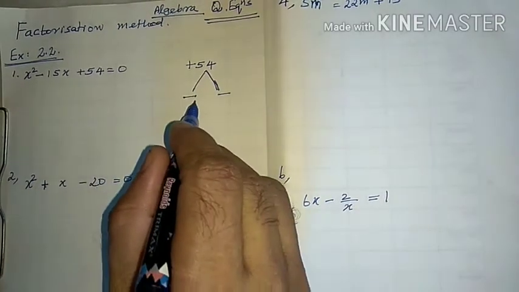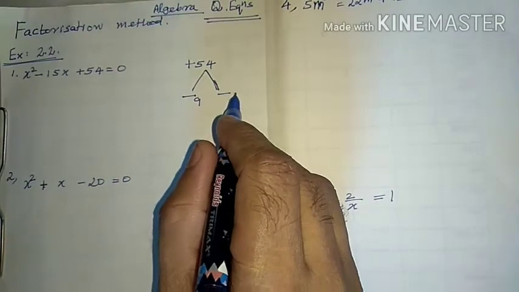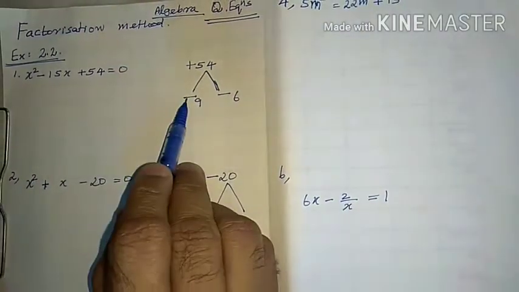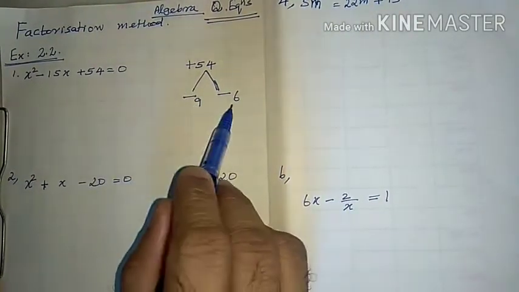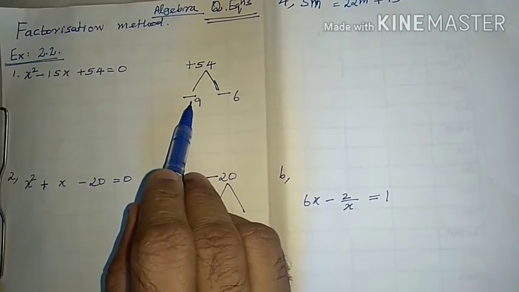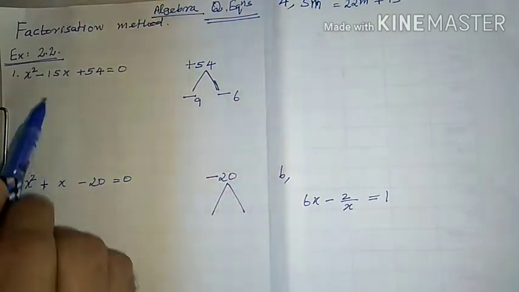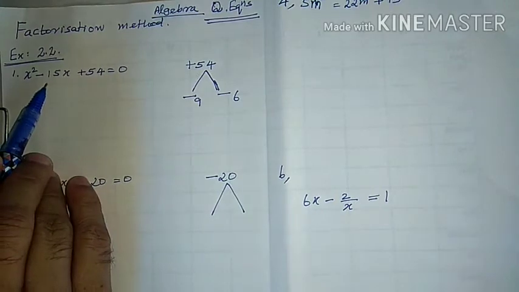Now here we take minus 9 and minus 6. 9 sixes are 54, and minus 9 minus 6 on addition gives minus 15.